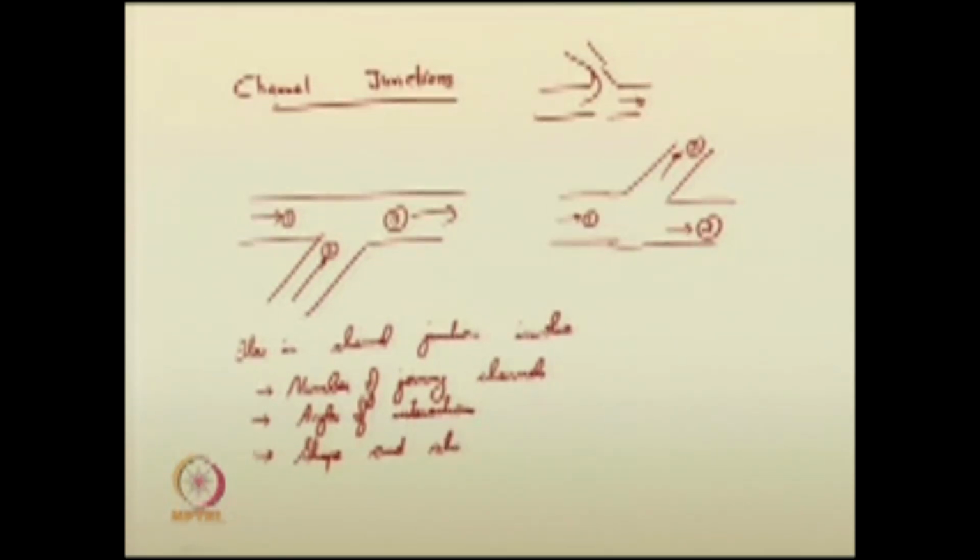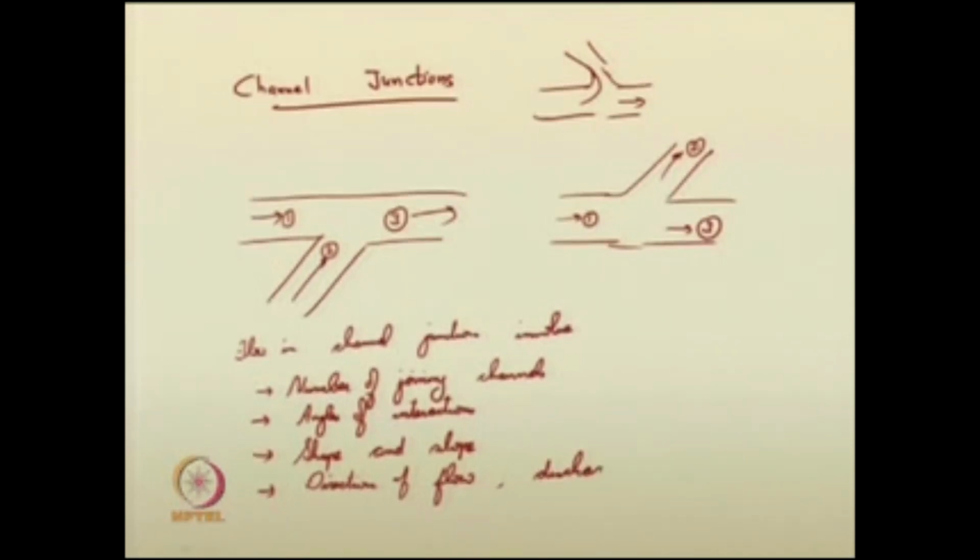Shape and slope of the channels, direction of flow, and discharge, how much amount of discharge is there, these are also going to affect. So, based on these quantities, one can infer flow in channel junctions.